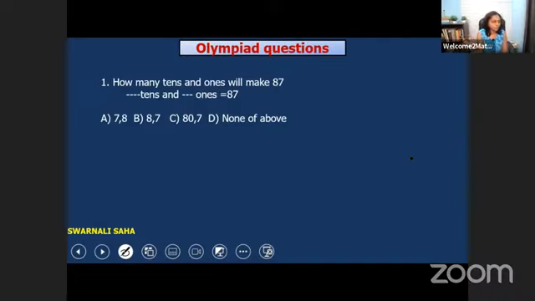And there are 4 options. Which option would be the right one? That we have to find out. How many tens and ones will make 87?